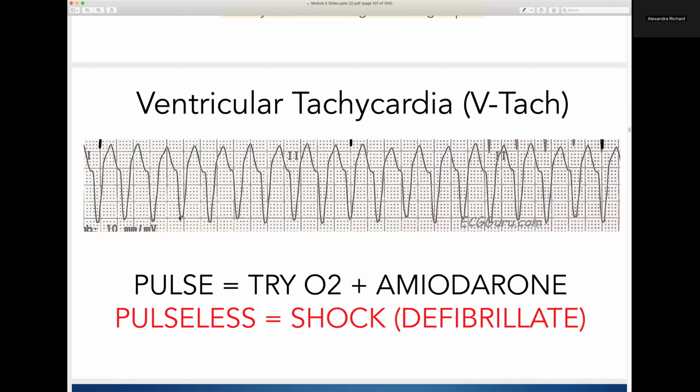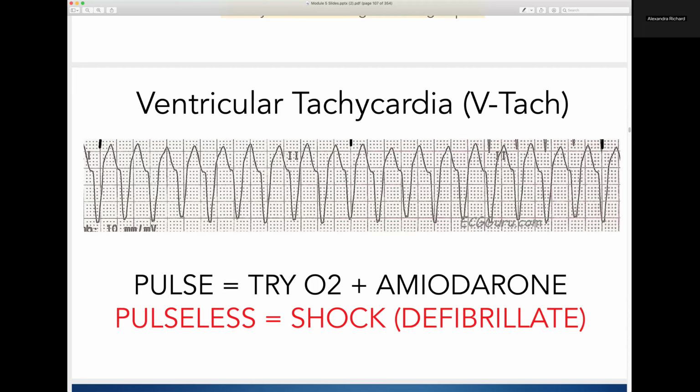So, when you see ventricular tachycardia on the EKG, what is the first thing you are going to check for? A pulse. If they have a pulse, what is the medication you're going to give the patient? Amiodarone.